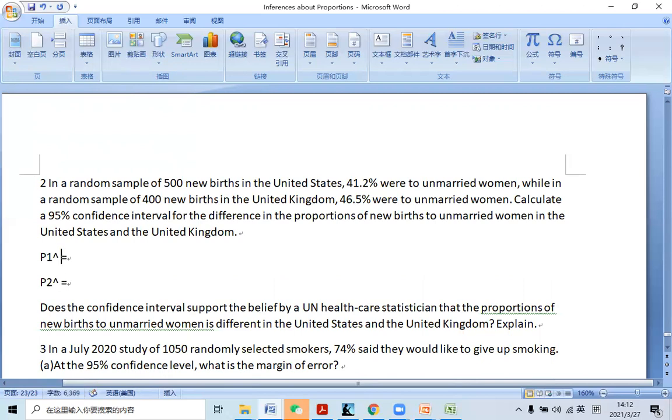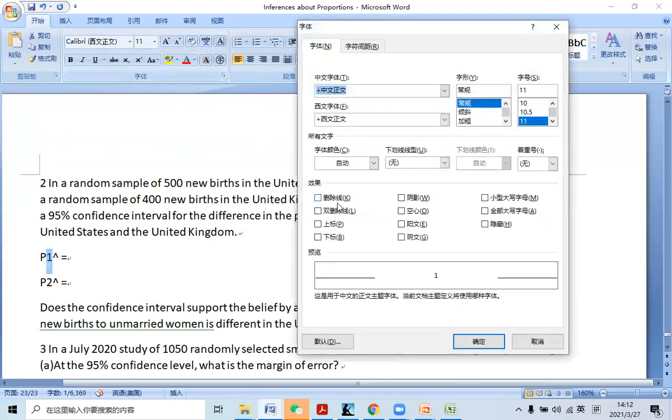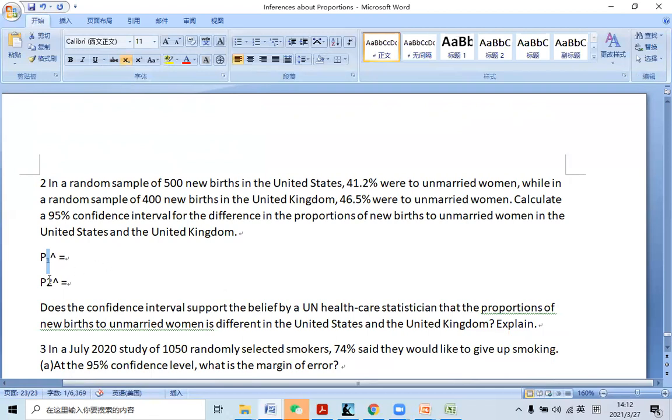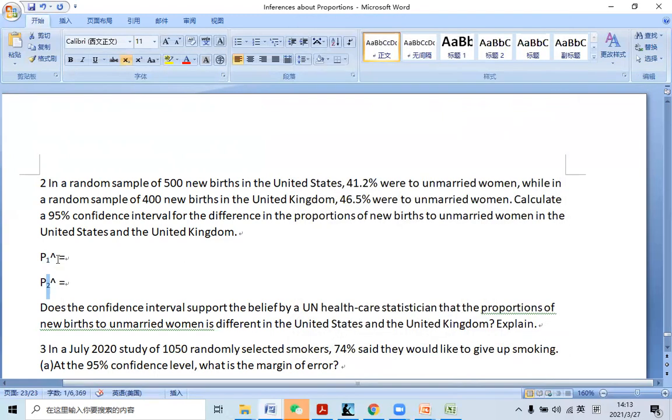I don't know the true proportions. Proportion 1, proportion 2, this is US, UK.